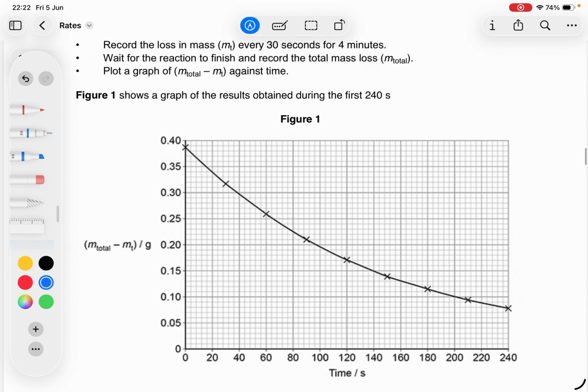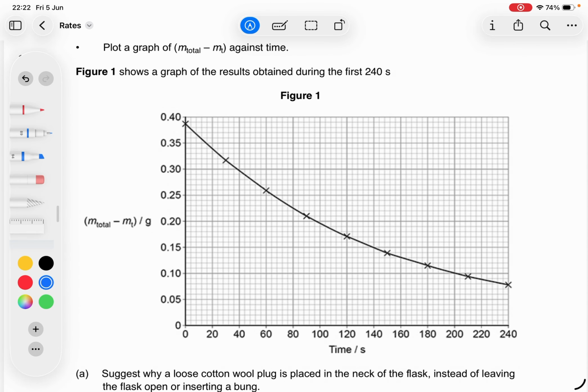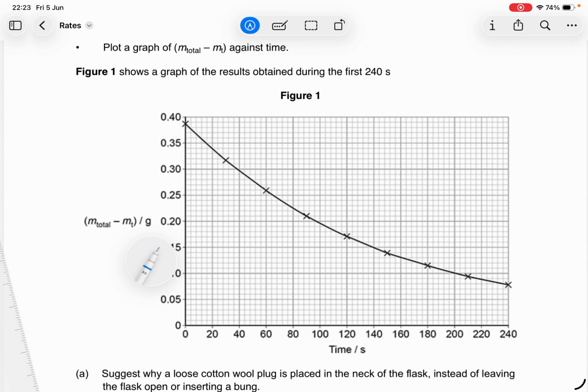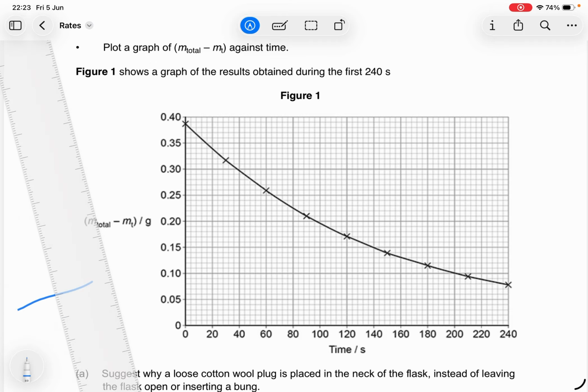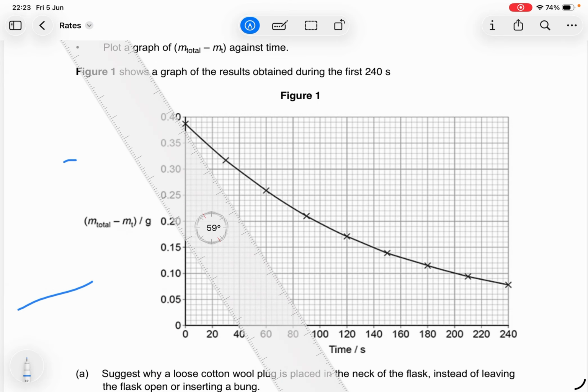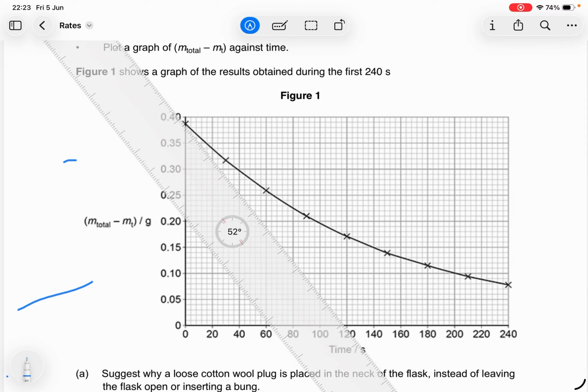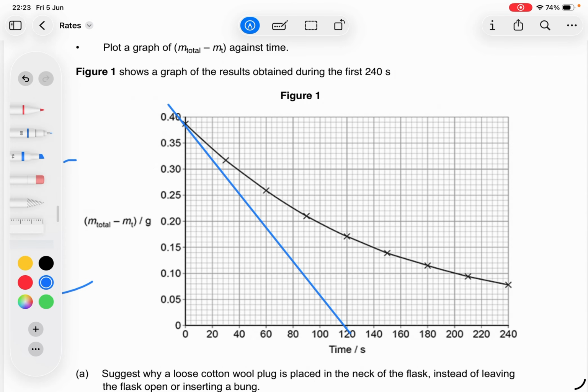Using this graph, you can again work out your initial rate by drawing a tangent line about there, and that will help you to work out the initial rate.